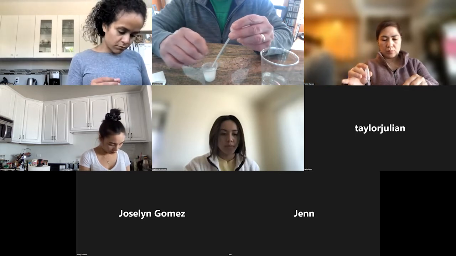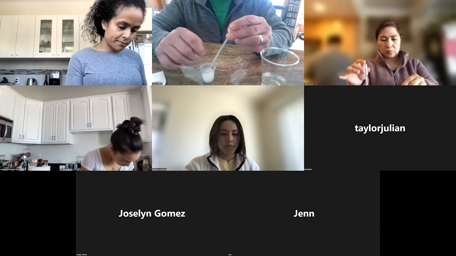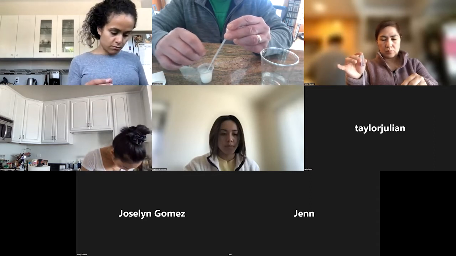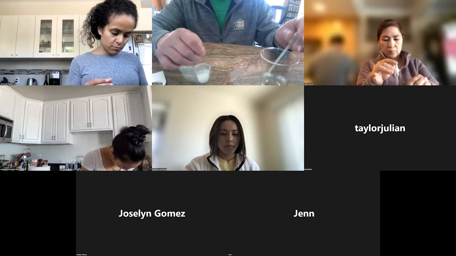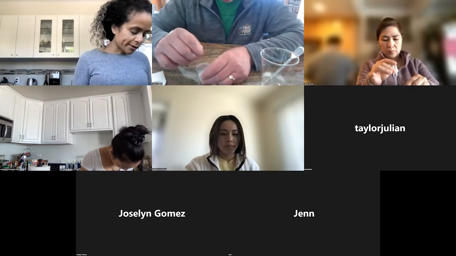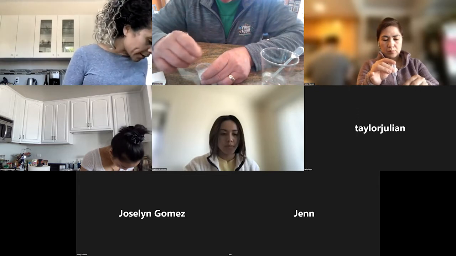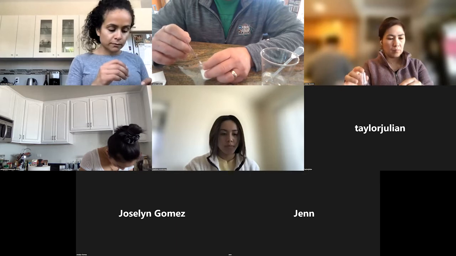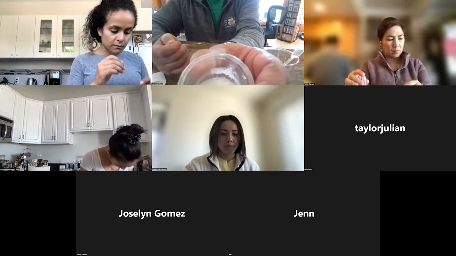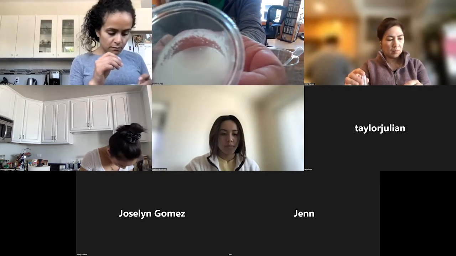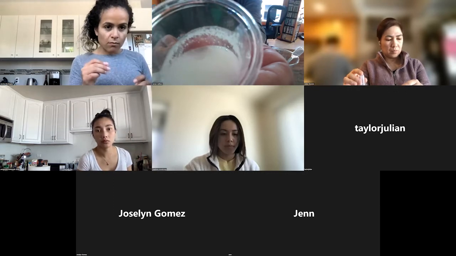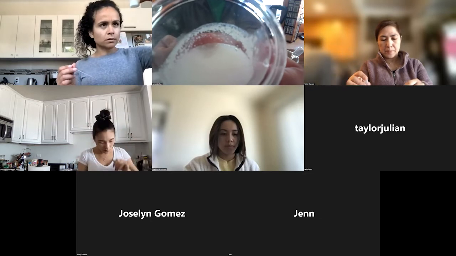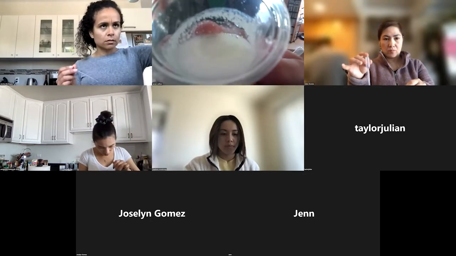Now I'm starting to see little clear areas. Protein's definitely starting to stick together now. Yeah, it's kind of hard to see, but see how it's sort of starting to clump together, where before it was sort of this smooth texture. Now it's starting to clump together a little bit.